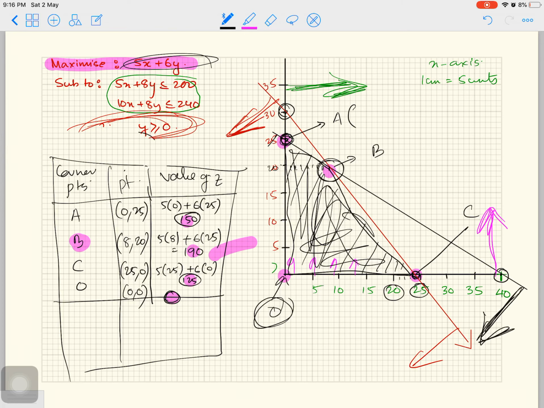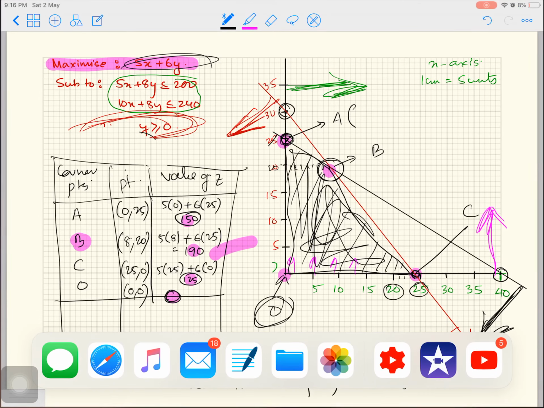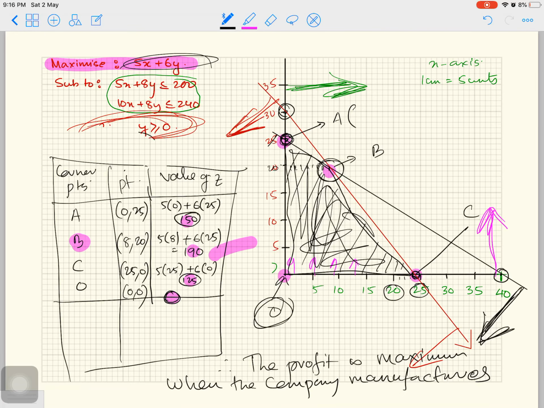So the answer would be, therefore, the profit is a maximum when the company manufactures how much? 8.